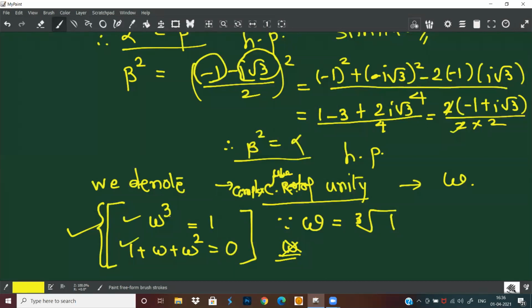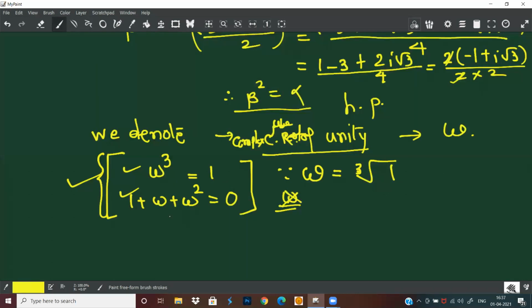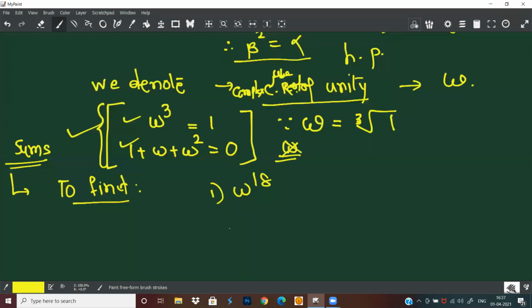That you will need even in the matrices in 12th standard. Okay, now we will be doing some sums based on omega, to evaluate or to find the value of omega raised to 18. You want to try? I can write the sums for you.